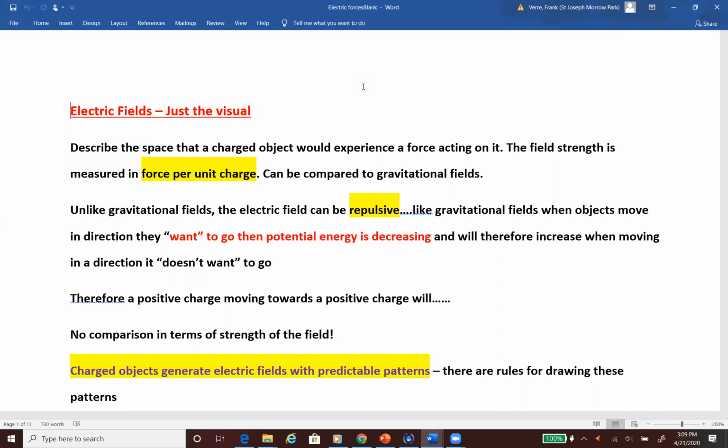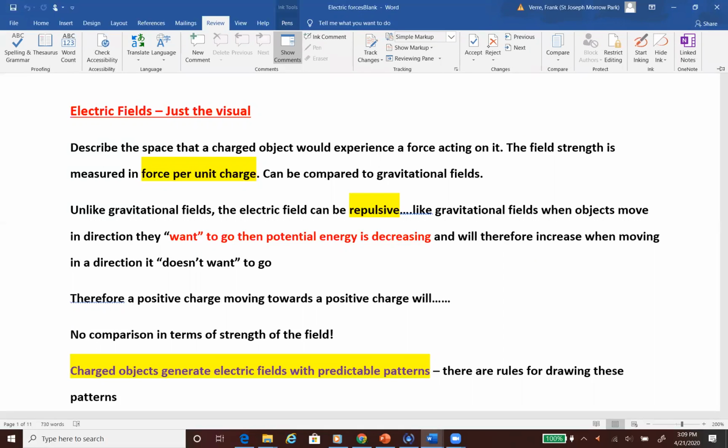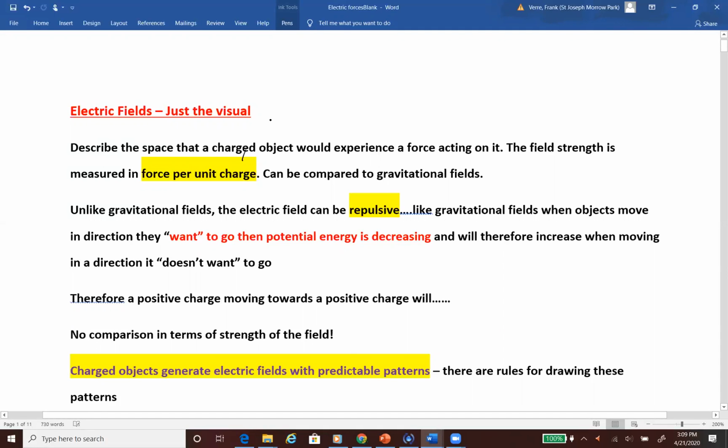Okay, and it's measured in force per unit charge. So that would be measured in newtons per coulomb. But we're not going to do any sort of calculations today. We will save that for next time.